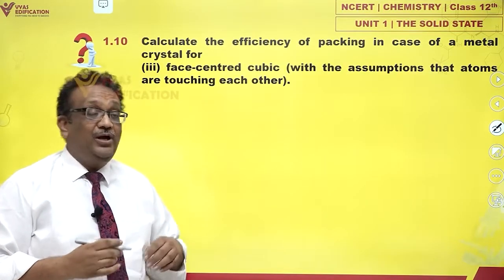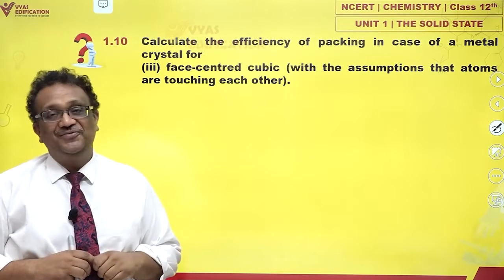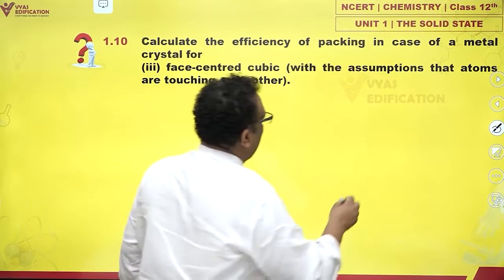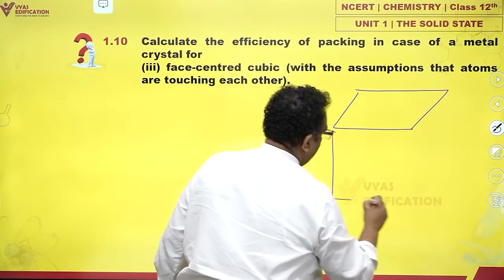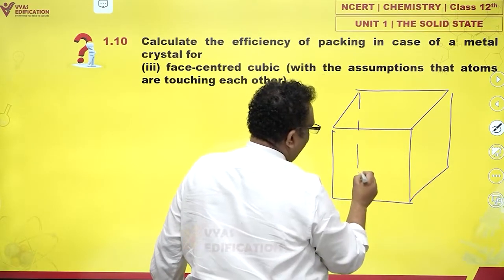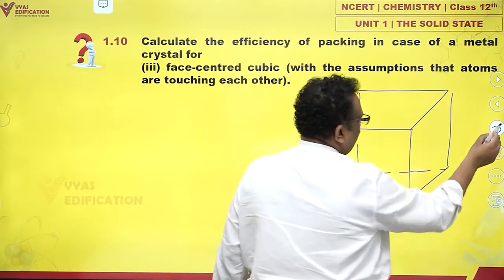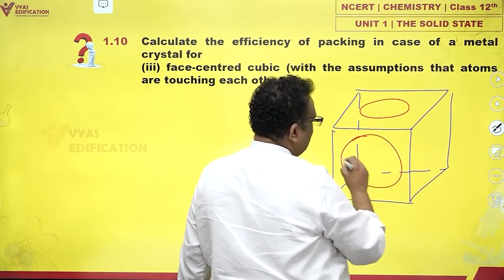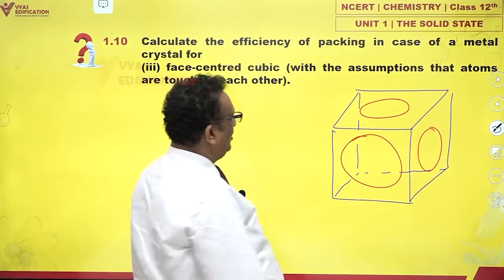Now we have to calculate the efficiency of packing in case of a face-centered cubic or FCC structure. How do we do that? First, let's make a unit cell. How would you draw a proper FCC structure? Draw with me. I think it will be useful. First, draw the face-centered atoms like this. And what about the corners?